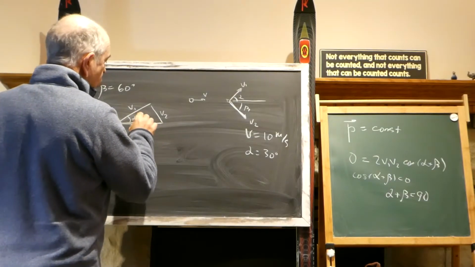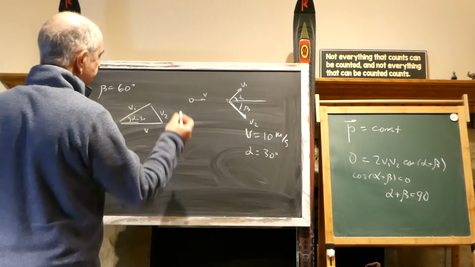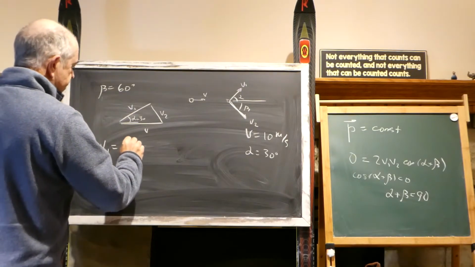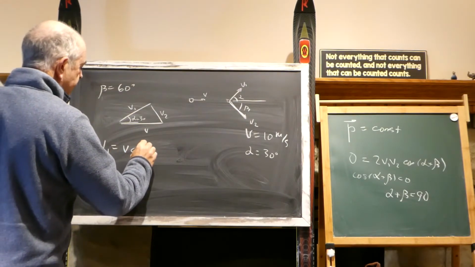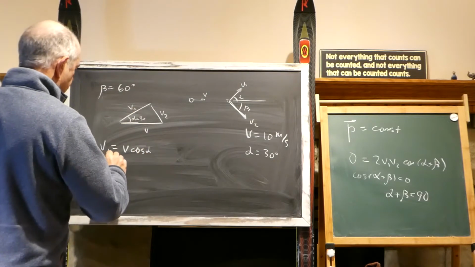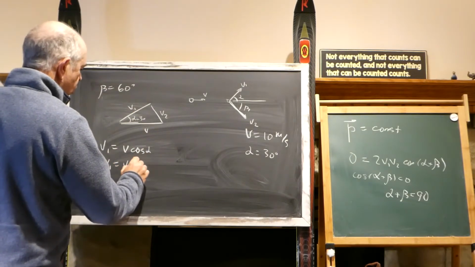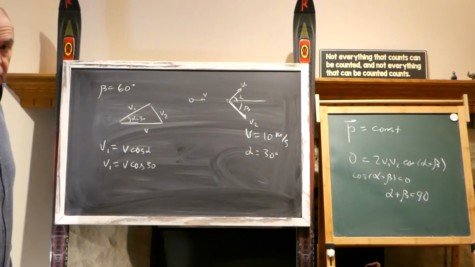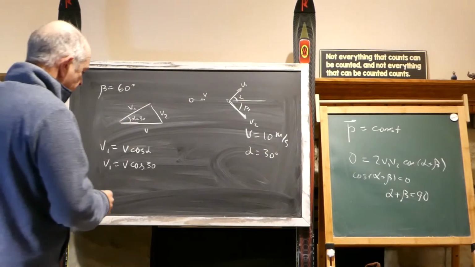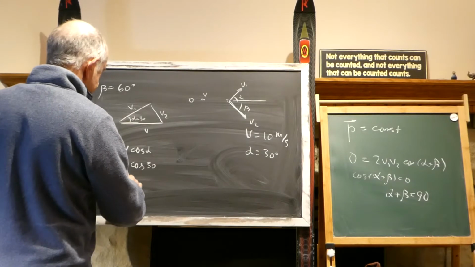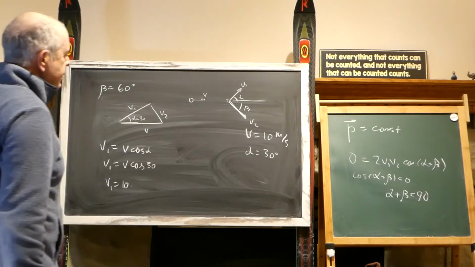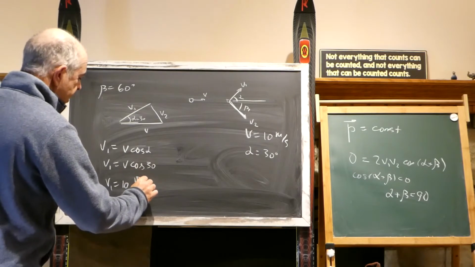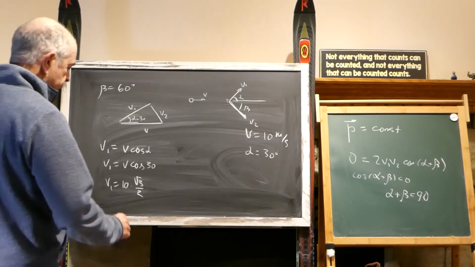And then V is known, alpha is known, so it's very easy to find V1. V1 equals V cosine alpha. V1 equals V cosine 30 degrees, right? And V1 equals 10 times cosine 30 degrees, which is square root of 3 divided by 2.